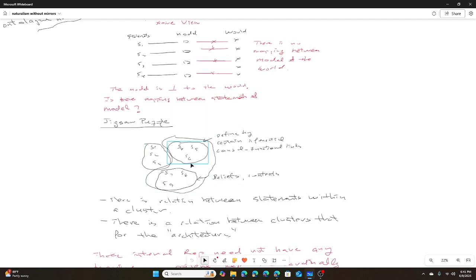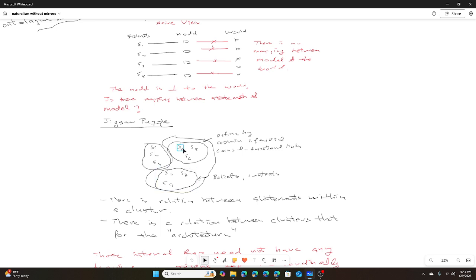We could have relationships between clusters. Suppose one cluster is about conditional probabilistic statements, and another cluster is about beliefs and intentions. Maybe there is some general architecture where they could be part of a larger cluster.